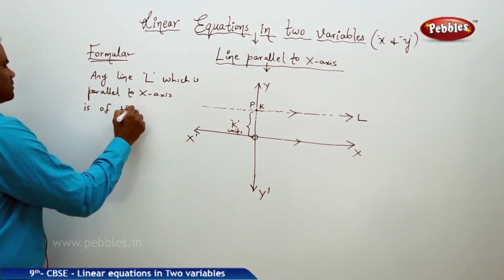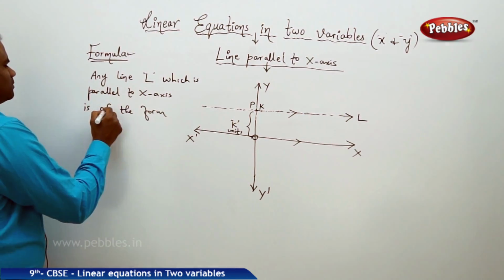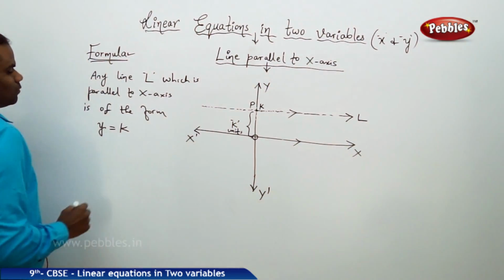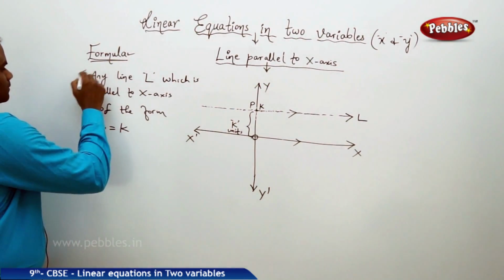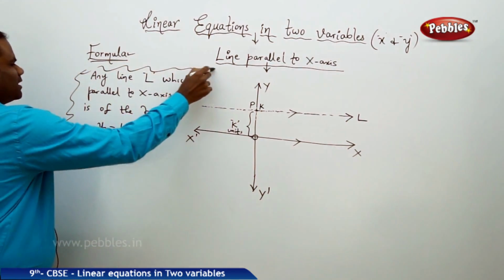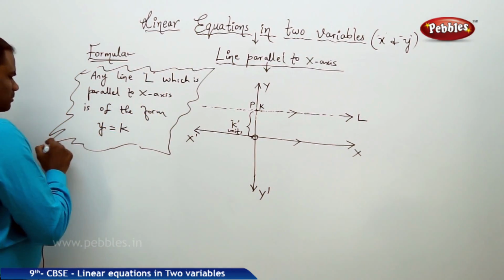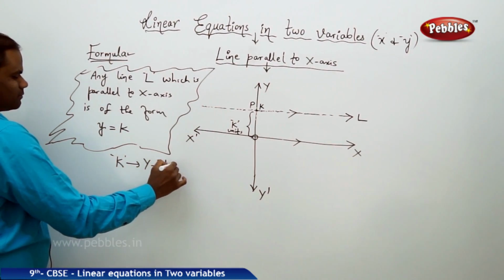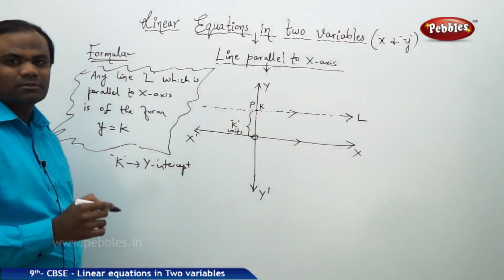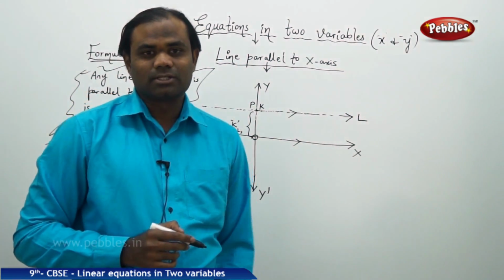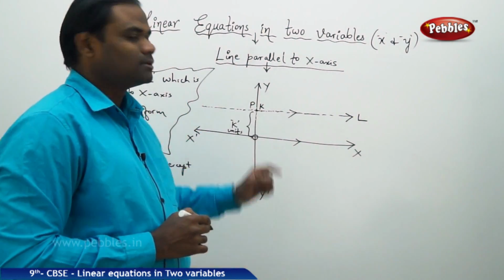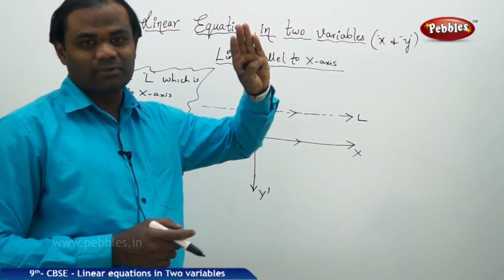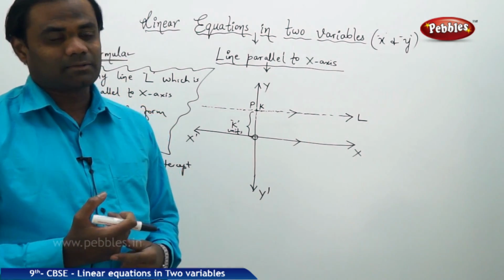is of the form y equal to k, is how I understand the formula, where k is the y-intercept, or k is the distance from the origin to the line L, or the distance of the point on the x-axis, or the distance between the line L and the x-axis.